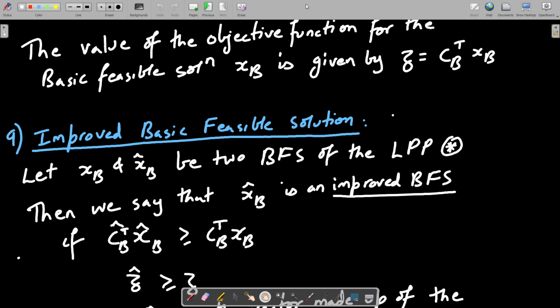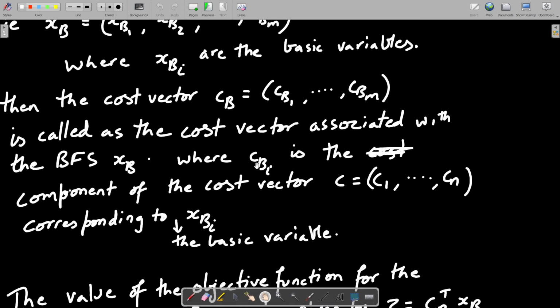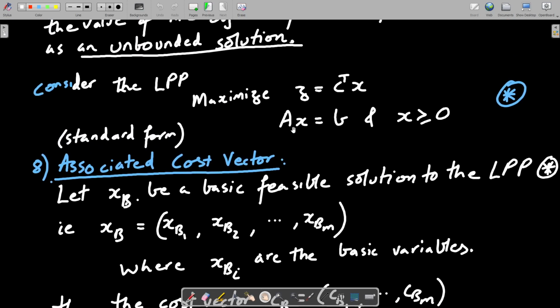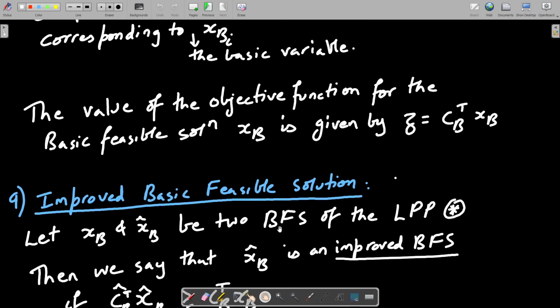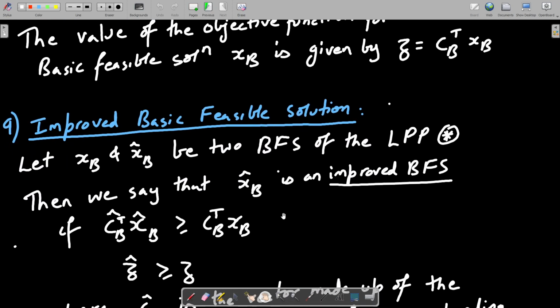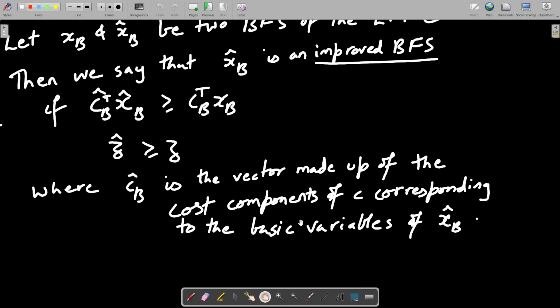Since this was a maximization problem, I'm referring to it in these terms. Since you have a maximization problem, the solution is improved if the value of the objective function z is increased.